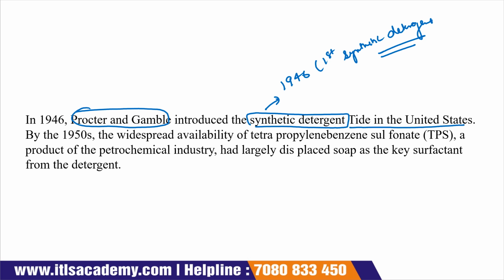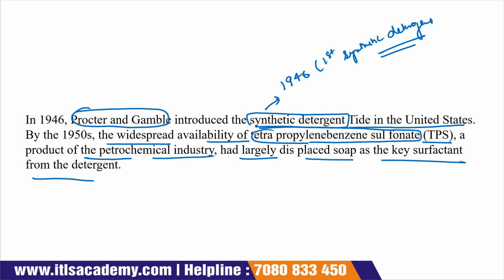By the 1950s, the widespread availability of tetrapropylene benzene sulfonate, also called TPS, a product of the petrochemical industry, had largely displaced soap as the key surfactant in detergents.